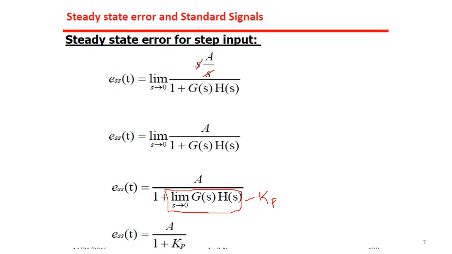So what we get here is, for a step input, ESS is equal to the magnitude or amplitude A divided by 1 plus Kp.